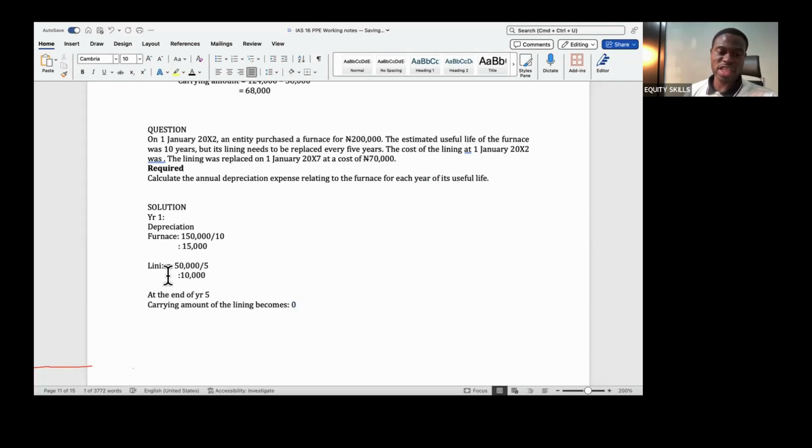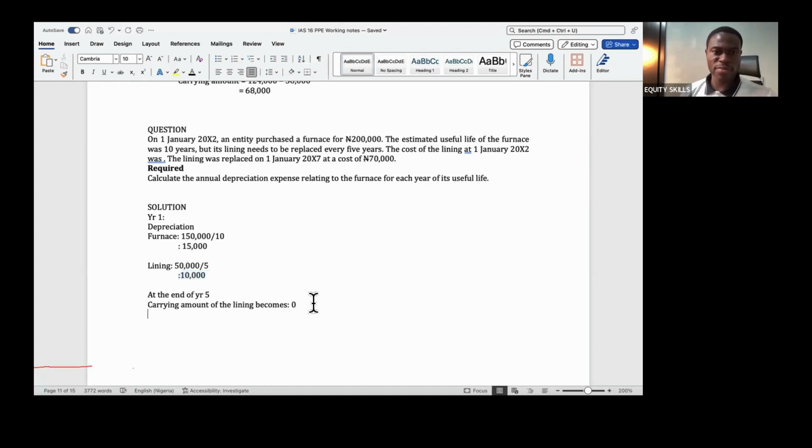Becomes 0 because we are charging 10,000 depreciation every year. Year 1, 10,000, in year 2, 10,000, in year 3, 10,000, like that. So at the end of year 5, our accumulated depreciation will be 50,000. And the cost is how much? 50,000. So the carrying amount becomes 0.